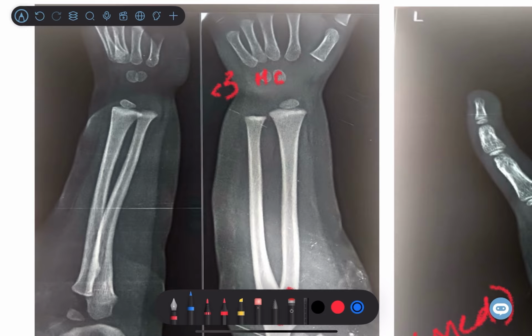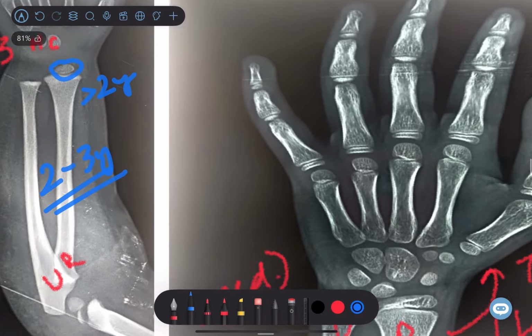But in this X-ray we can see the ossification center of the lower end of the radius has appeared, which appears at 2. It means the age is more than 2 years. So the age of this X-ray is 2 to 3 years.